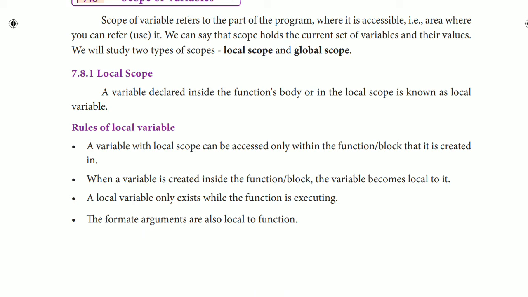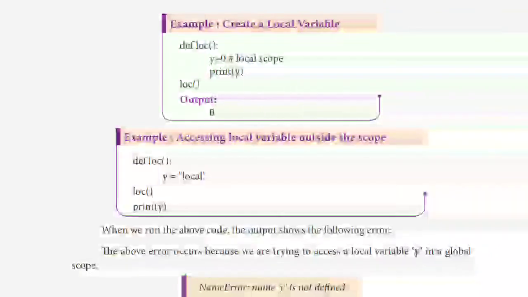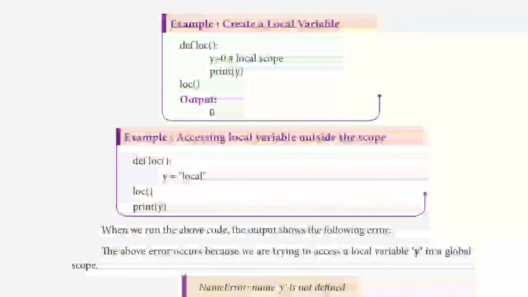Here you can see that they have given an example to create a local variable. def loc: here y is equal to 0 is a local scope, and print y. So they are printing the local variable y, and it is printing the output as 0.